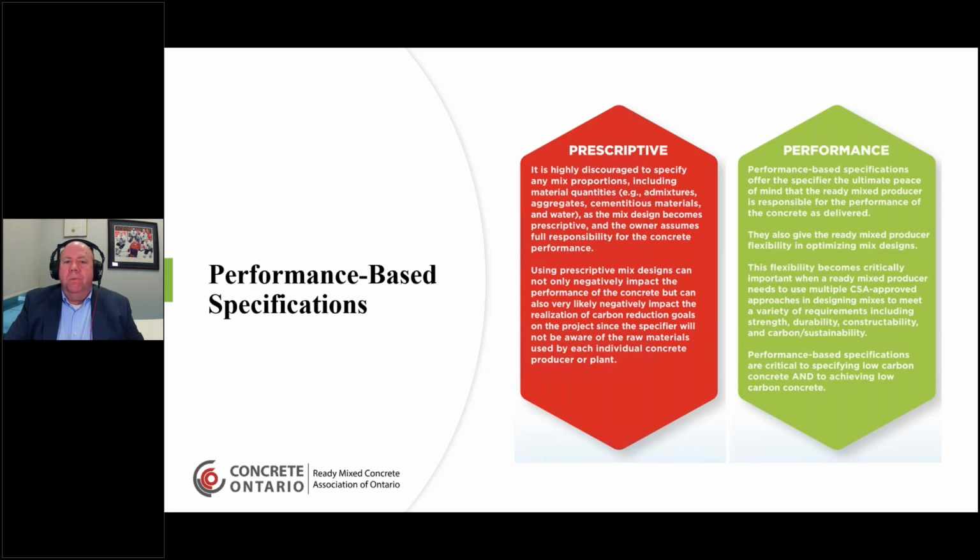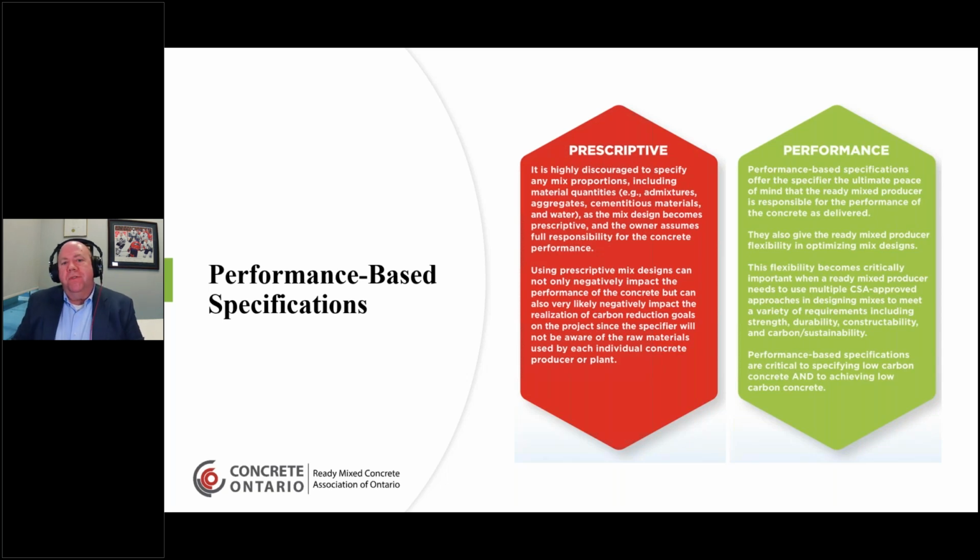But really what we want to stress when it comes to low carbon concrete is performance is the way to go. We do not want to see people thinking that low carbon concrete is as simple as specifying 50% supplementary cementing materials. That's not the way to approach this. That will result in significant challenges, and we'll go through and talk about that.